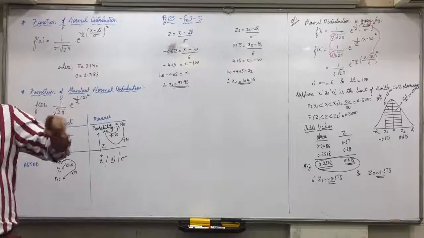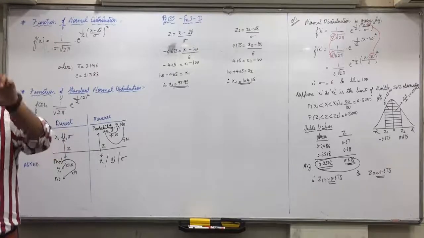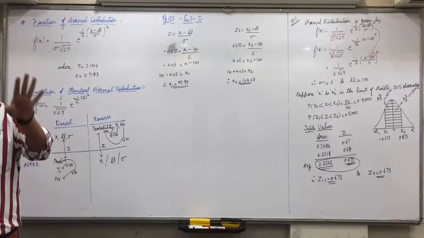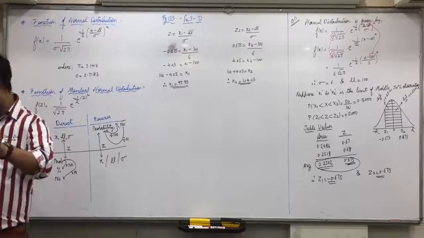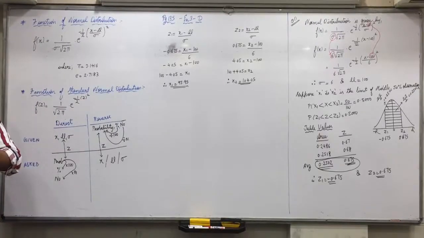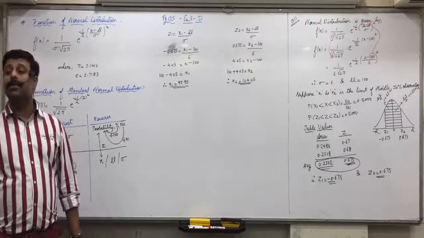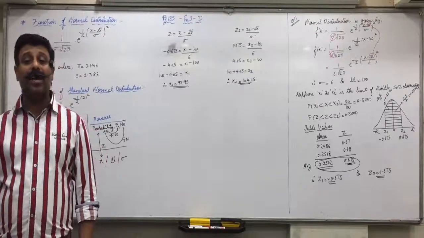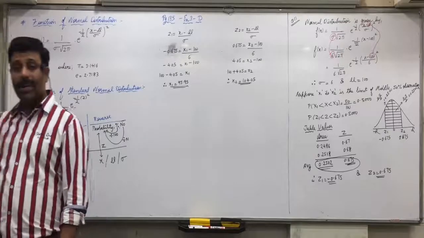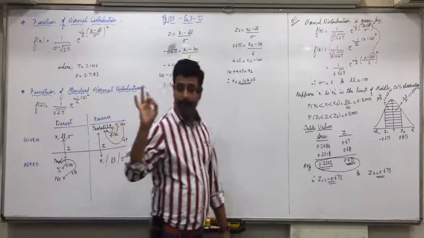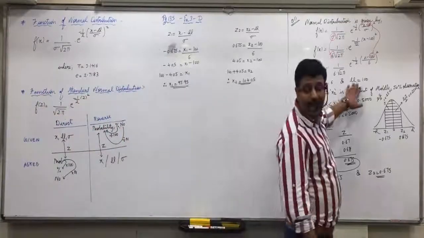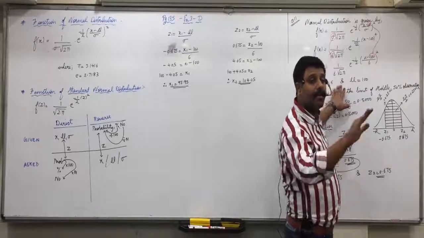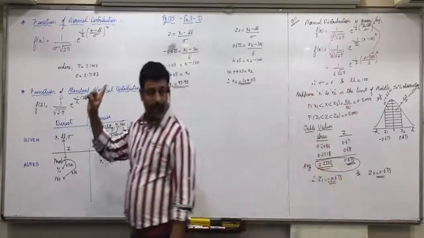Like we did in 10th question, solving these two: Q1 is 35 equal to mu minus 0.675 sigma, and Q3, that is 65, equals mu plus 0.675 sigma. Solving these two equations, we can find the value of mu and sigma, like we did in question number 10. So first we'll find mu and sigma in the manner we did in question number 10.